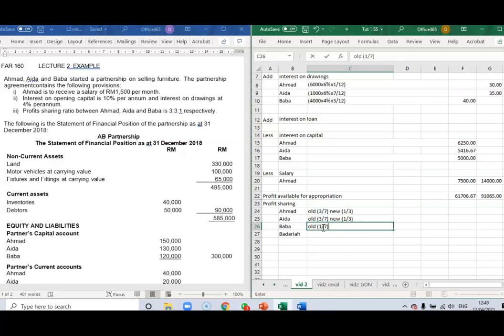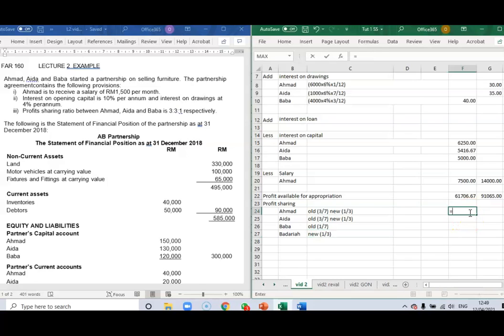No new, because Baba is already retired. However, Badaria has no old, because it's only new, so 1/3. I just write it down to make sure the profit sharing calculation is correct.